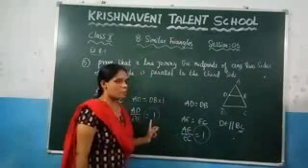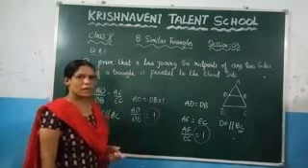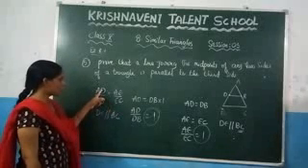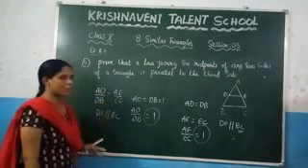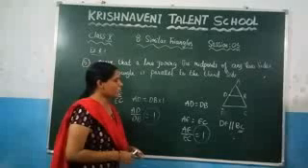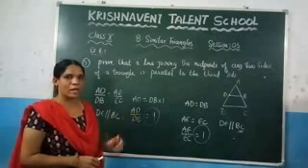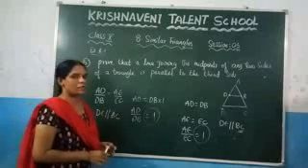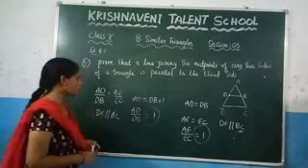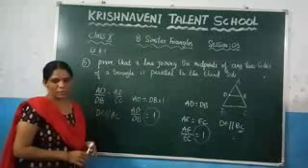Since the RHS parts are equal, you can equate the LHS part. After equating, you get AD by DB is equal to AE by EC. So in the triangle, if two sides are divided in the same ratio, then that line is parallel to the third side by using the converse of the Thales theorem. So we can prove DE is parallel to BC.